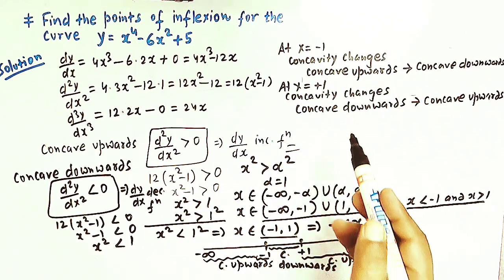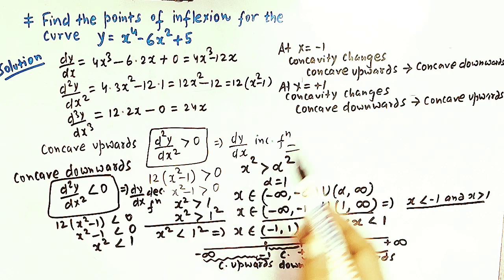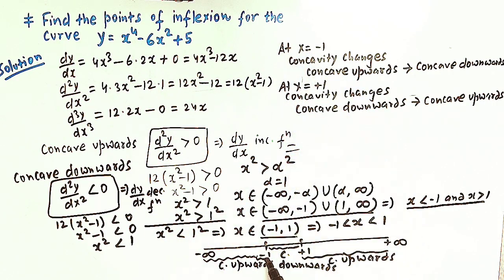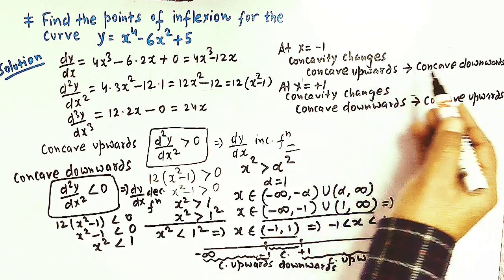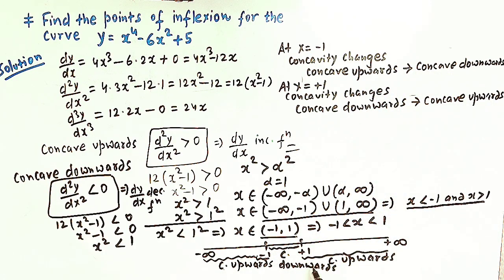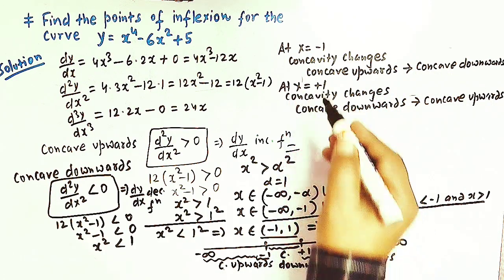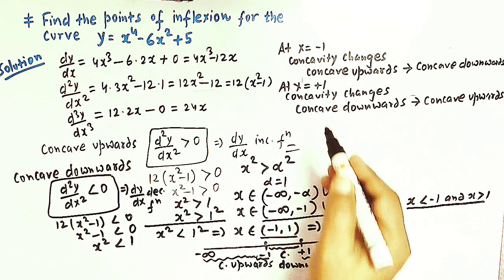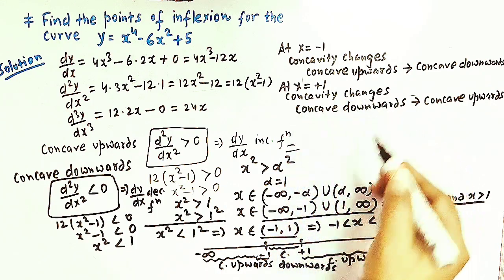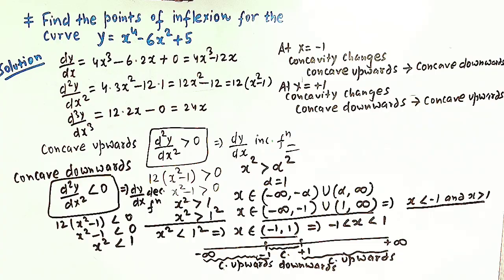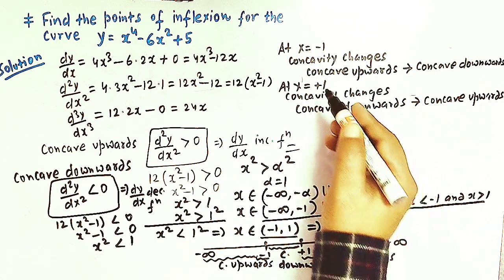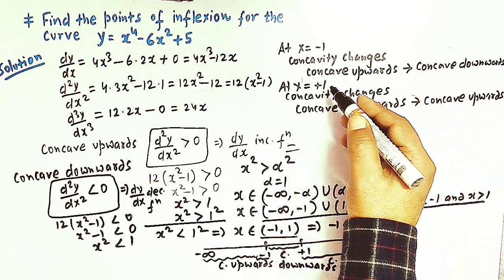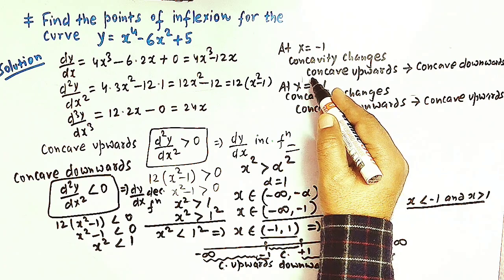So now we can summarize our discussion. At x is equal to minus 1, the concavity changes from concave upwards to concave downwards. And at x is equal to plus 1, the concavity changes from concave downwards to concave upwards, right? So the shape of the curve, it goes like this.